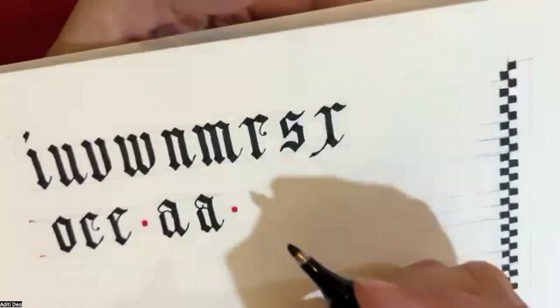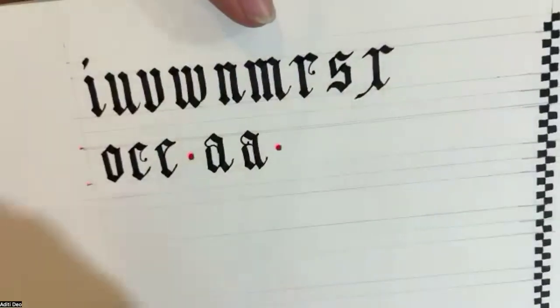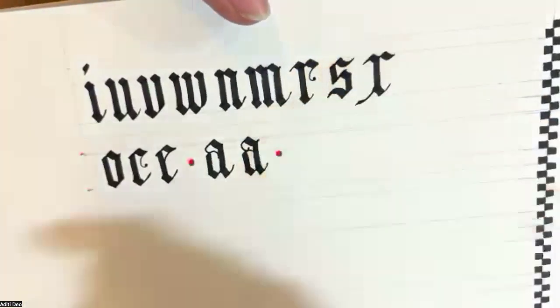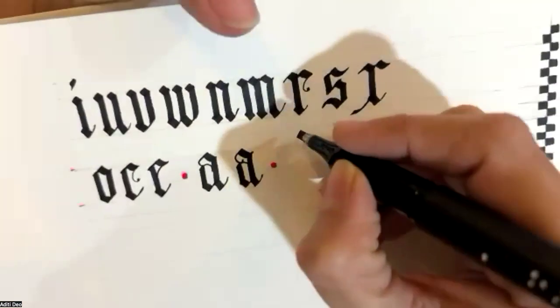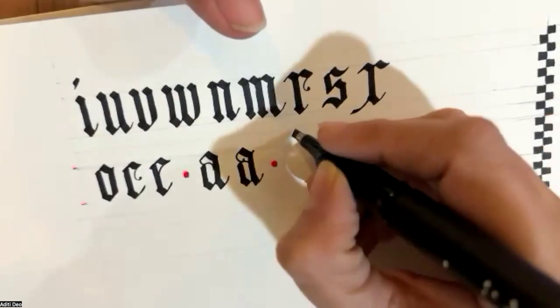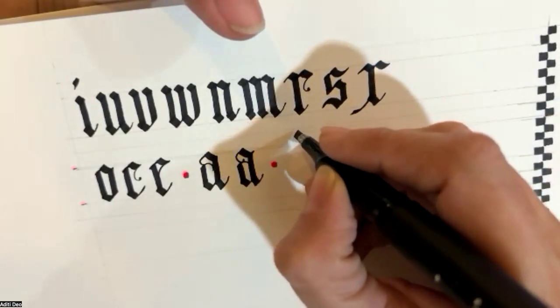Alright, now we'll do an ascender shape. So the ascender stem in this particular lettering, this particular style, was written like this.